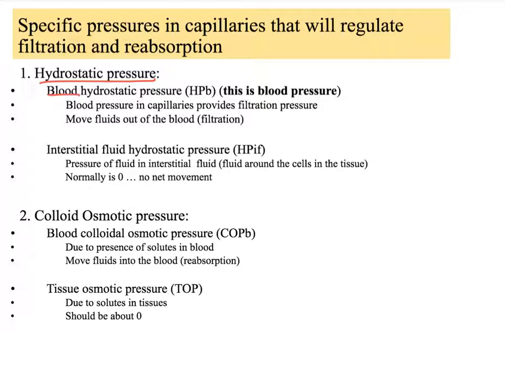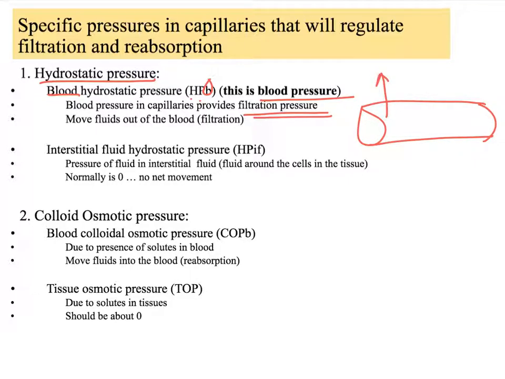The first is blood hydrostatic pressure, abbreviated HPb, where the b is for blood. This is your blood pressure. Pressure in the capillaries makes filtration occur, so it's how we drive fluids out of the capillaries. So it's going to go this way.